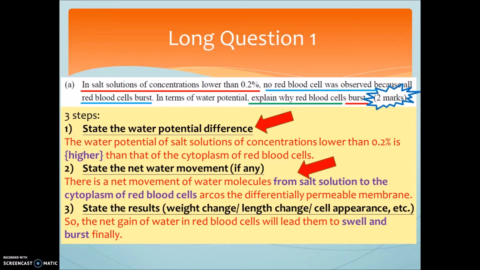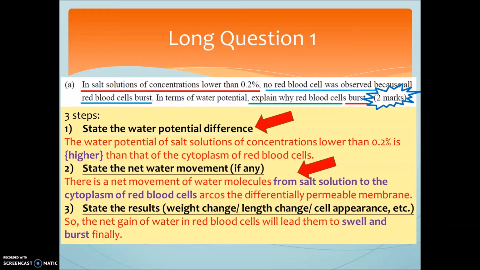And for part A, the answer will be: the water potential of the salt solution of concentration lower than 0.2% is higher than that of the cytoplasm of the red cells. And then after you tell me the water potential, first mark already, tell me the net movement of water molecules. There is a net movement of water molecules from the salt solution to the cytoplasm of the red cell across the differentially permeable membrane by osmosis.